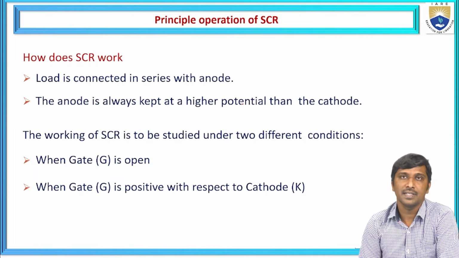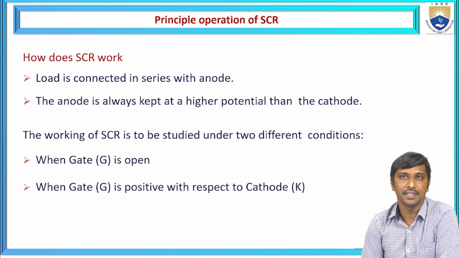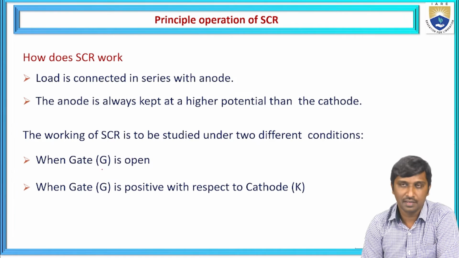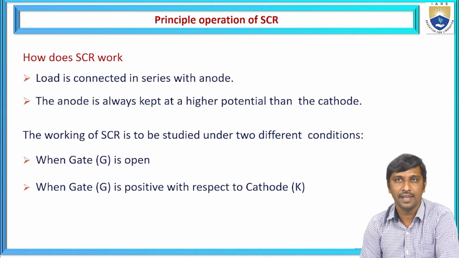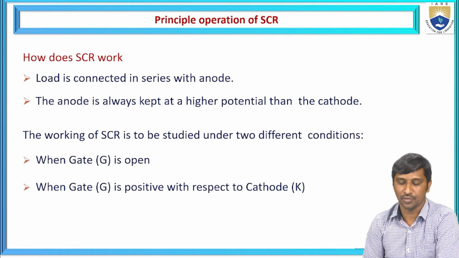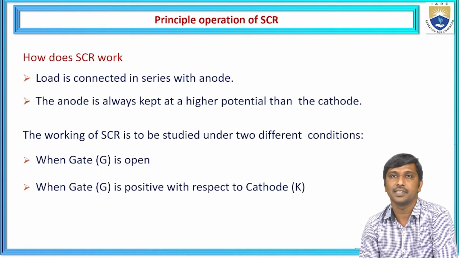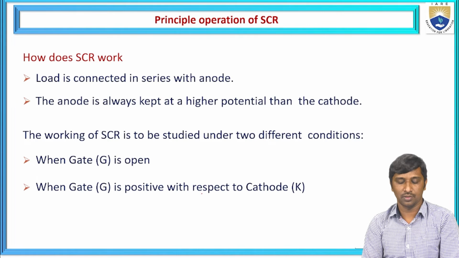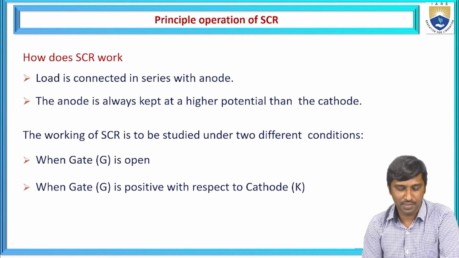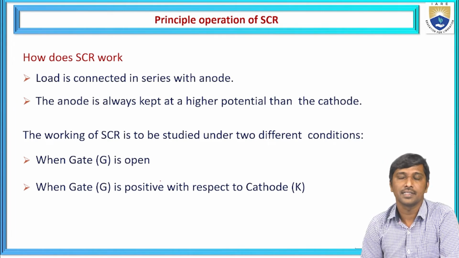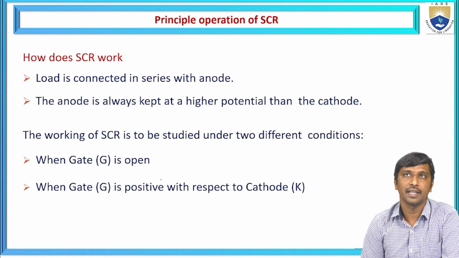For this principle of the SCR, we have two different conditions: when the gate is open, or when the gate is positive with respect to the cathode. We will discuss later why the gate is always positive with respect to the cathode. So these are the two options. That is the reason the SCR is controlled with respect to the gate terminal.